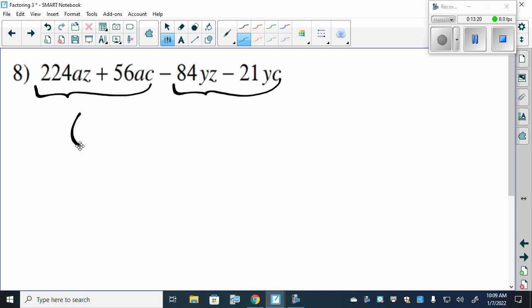A, we can factor out an A. Because we will need Z and C. Well, that's a little challenging, isn't it? Trying to see what factor we want to pull out of those two numbers.